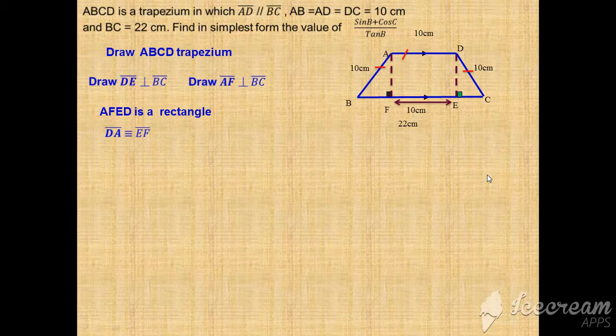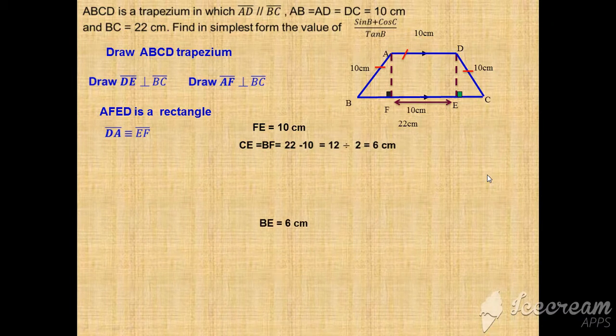So what about the remainder from 22 centimeters? I have here 22 minus 10, it will be 12. And this 12 is divided into two equal parts, which are EC and BF, like this. So BF equals 6 and EC equals 6 centimeters.